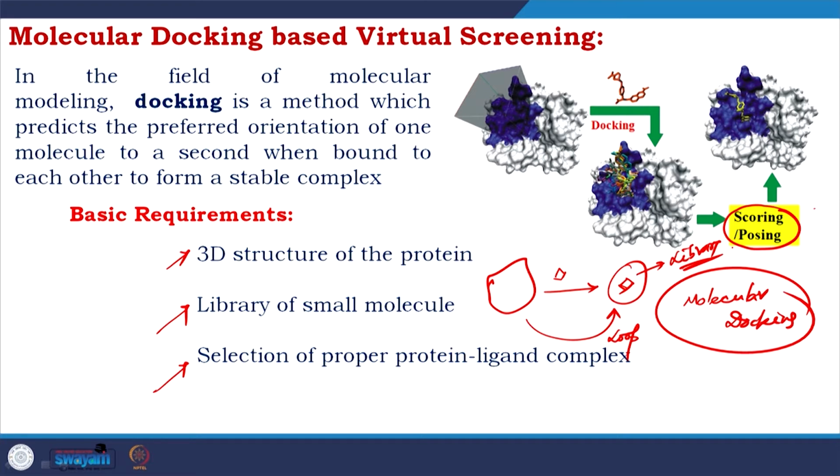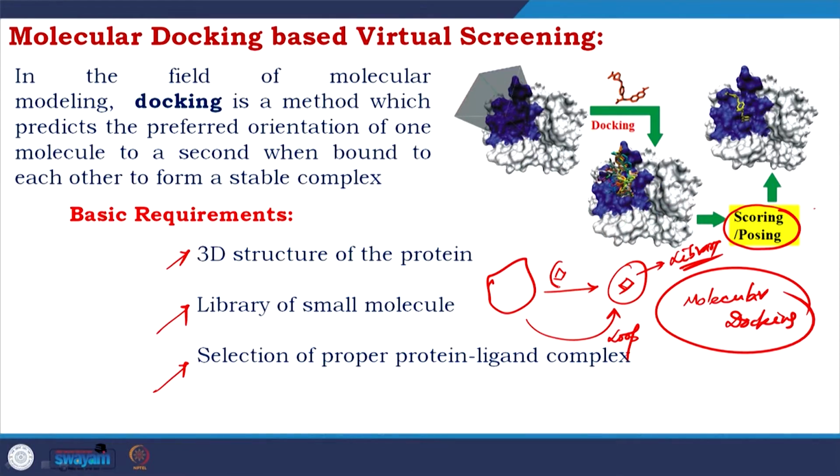Is it clear? So, what is docking? In docking, you have a 3D structure of a protein, you have a 3D structure of a small molecule, you set them, you make PDBQT, then you run docking, and you have criteria to get the best pose and best score.